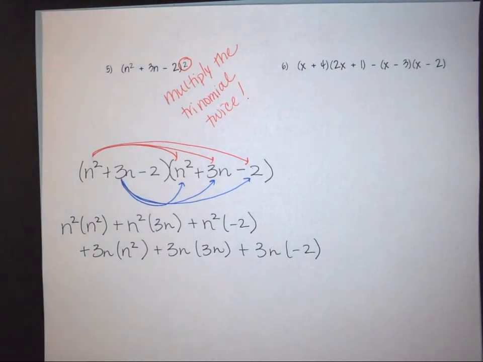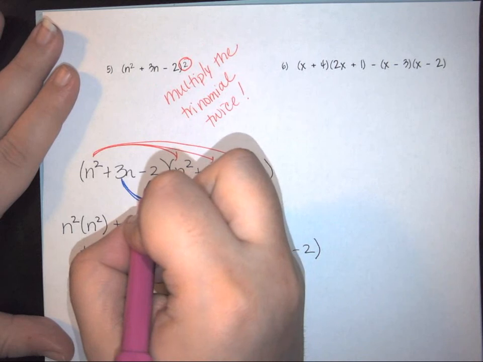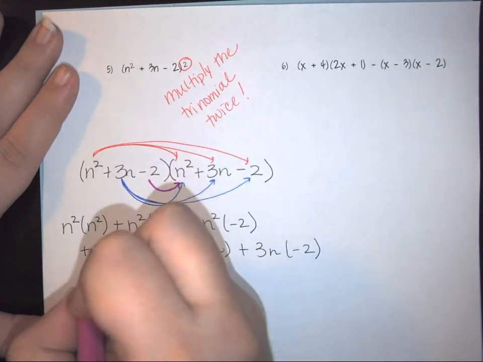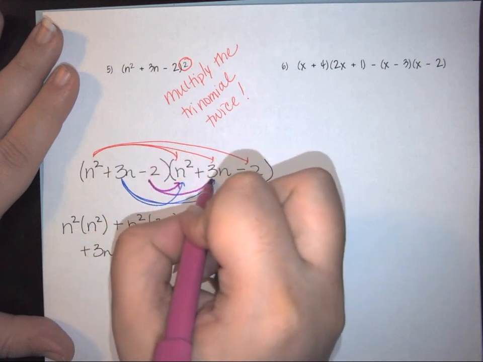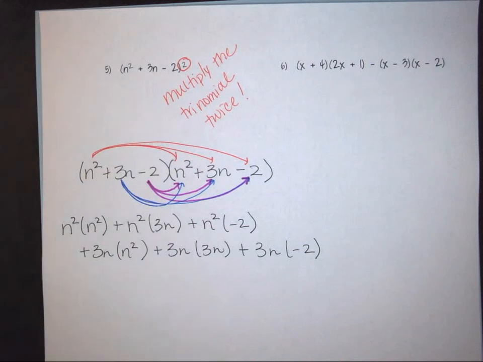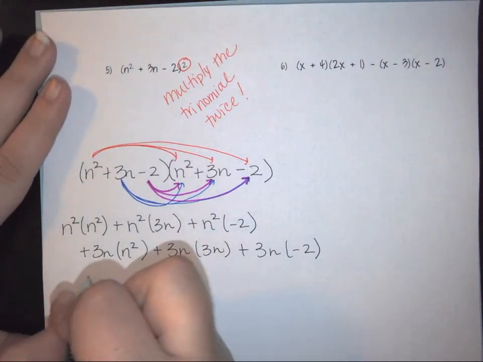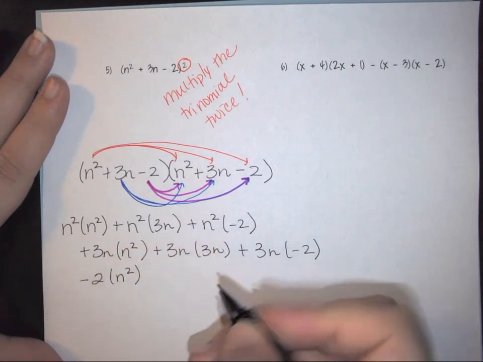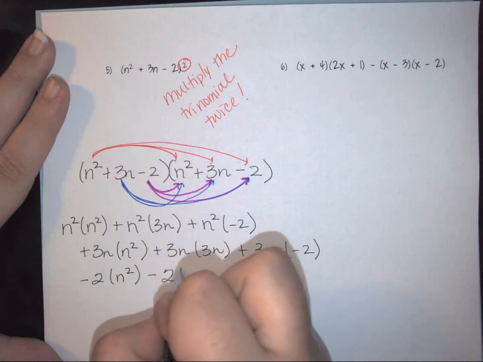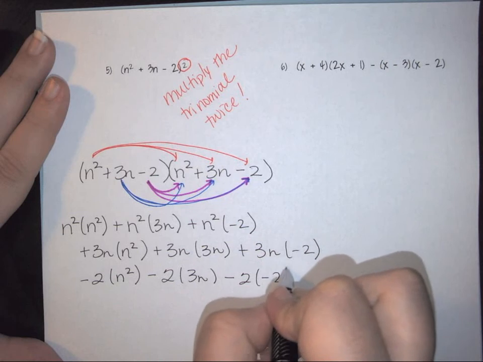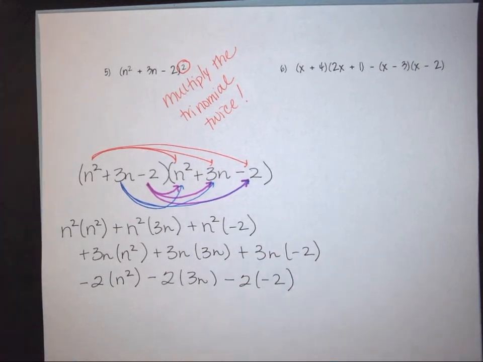We're not done yet, because we have to do it again. The negative 2 goes to the first part, goes to the second part, and goes to the third part. So here, now we're going to have the negative 2 times the n squared minus my 2 times that 3n minus my 2 times the negative 2. Whew!